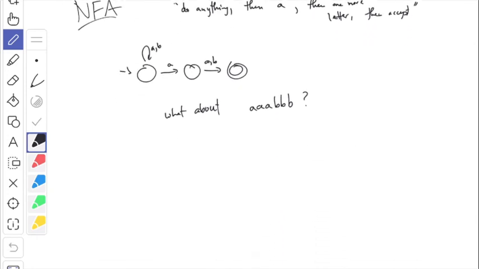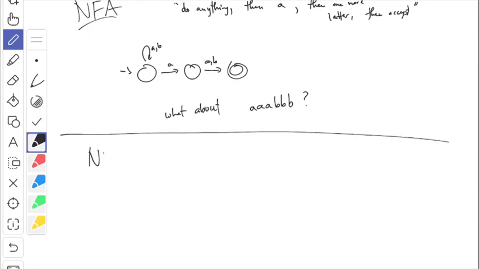One last capability which I haven't gotten to about NFAs: an NFA can also do what is called a spontaneous transition. Spontaneous means sort of like all of a sudden, without any warning.